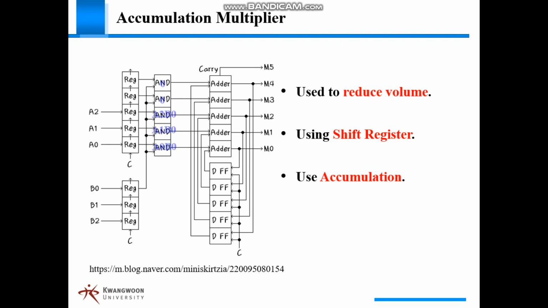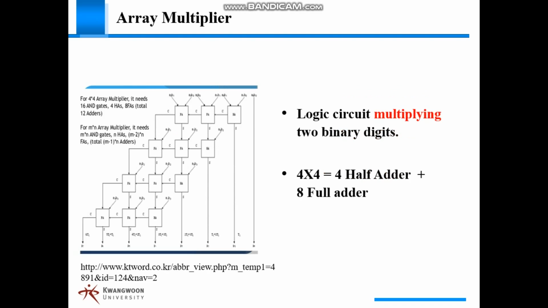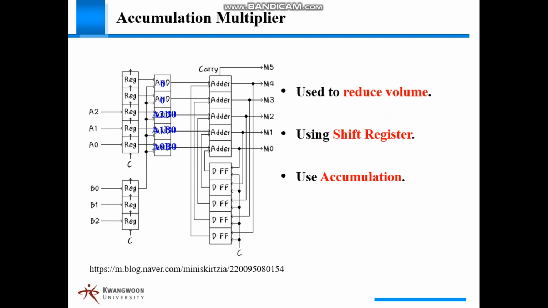For example, there are two inputs, A and B. First, A2 B0, A1 B0 and A0 B0 go to the adder and D flip-flop.